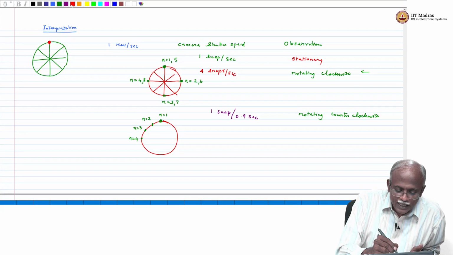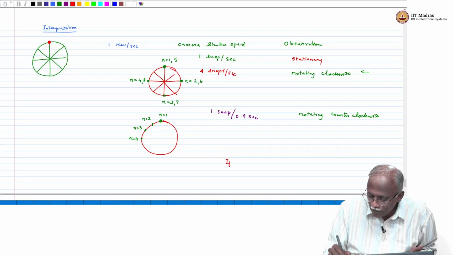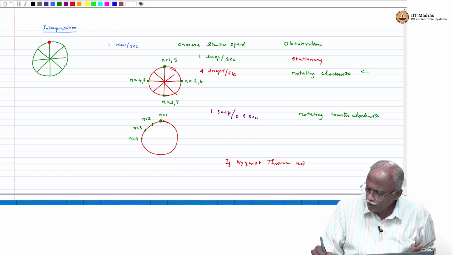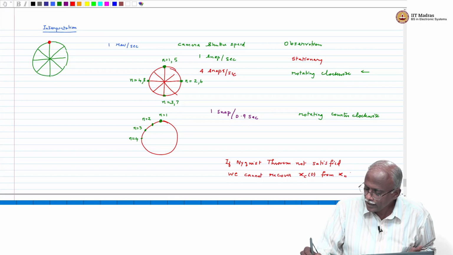So if the Nyquist theorem is not satisfied, then we cannot recover the original signal. We cannot recover xc(t) from x[n].